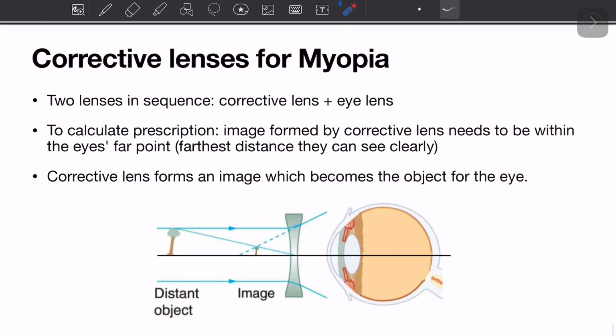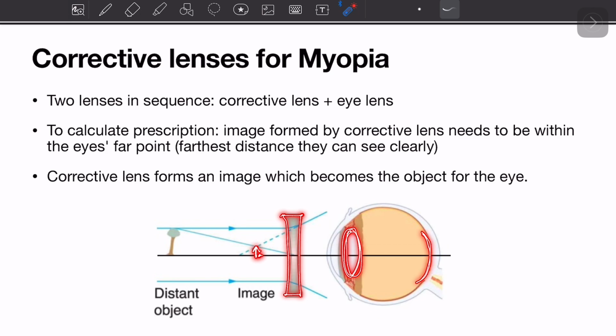The corrective lens takes that distant object and makes an image of it at a close by point, and this is going to be your far point, meaning the furthest distance that you can actually see clearly and can focus an image on your retina from. So lens number 1 is the corrective lens, forms an image here.